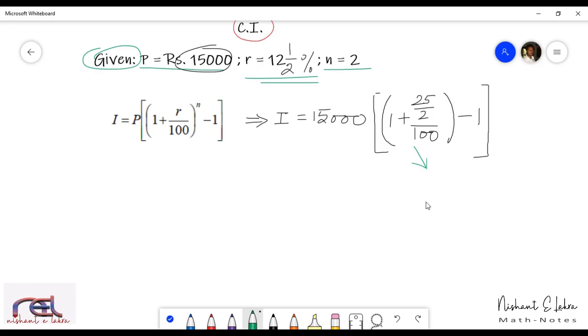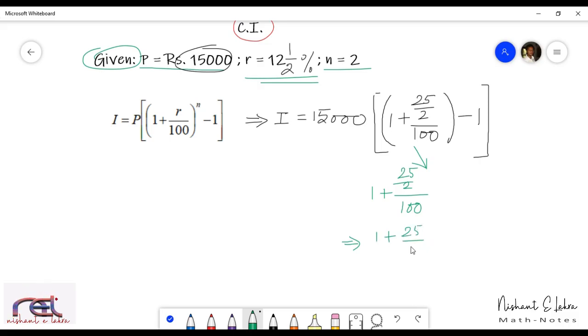So this is what we have got after we have replaced the values in the formula of compound interest. Now let me explain how to solve 1 plus 25 by 2 by 100. I have been explaining this type of problem, but I want to do it once again. For those who do not know it, look into it very carefully. It's not hard, it's very easy. 1 plus 25 by 2.